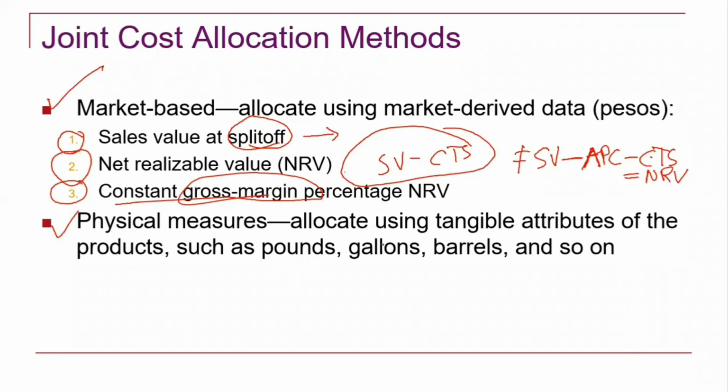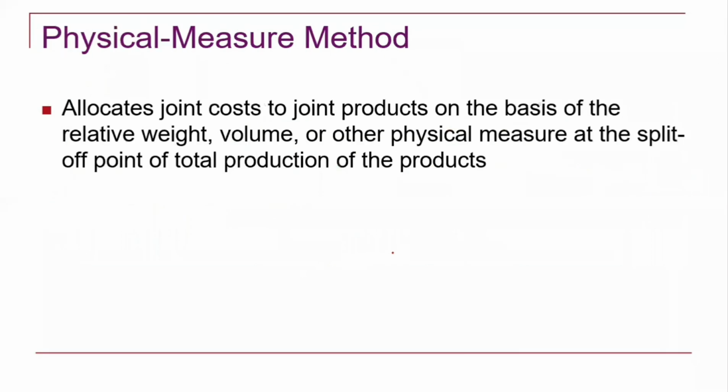Physical measures, pwede po na we allocate the joint cost using the tangible attributes of the product, such as ilang pounds ba yan, ilang gallons ba yan, ilang barrels ba yan, or ilang units ba yung mga yan. So depende po. Alright? So, physical measure method allocates joint costs to joint products on the basis of the relative weight, volume, or other physical measure at the split off point of total production of the products.